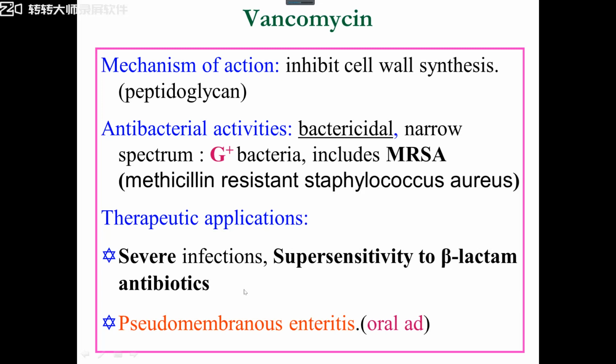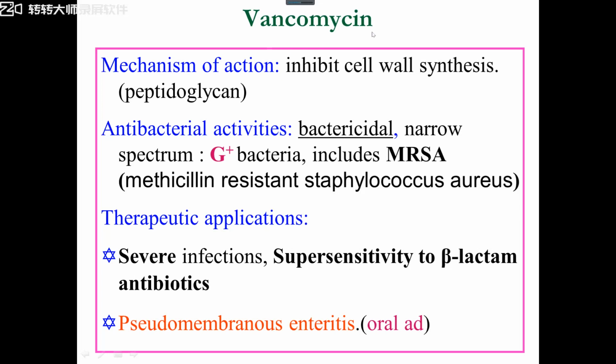That means with patients, at first we give penicillin, and then if penicillin is ineffective, we give cephalosporins. If cephalosporins, first to fourth generations, are ineffective, we have to give the last drug. And the last antibiotic is vancomycin.